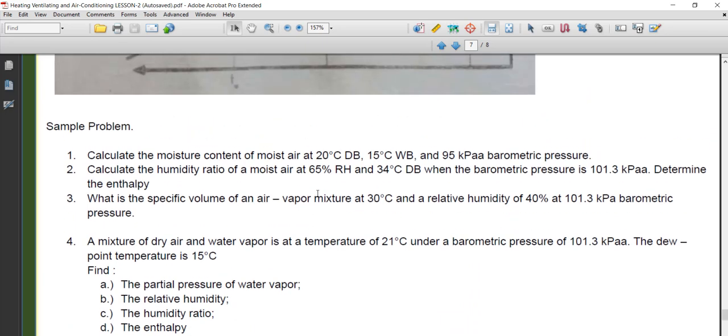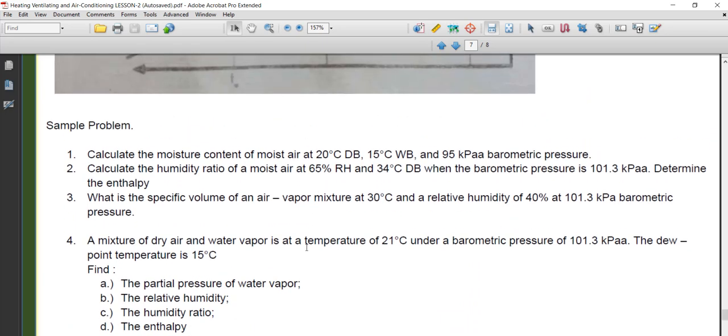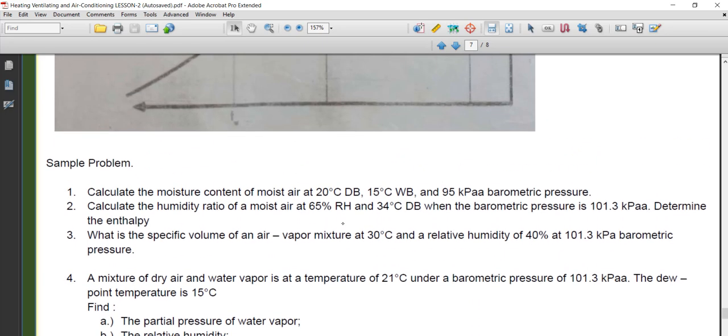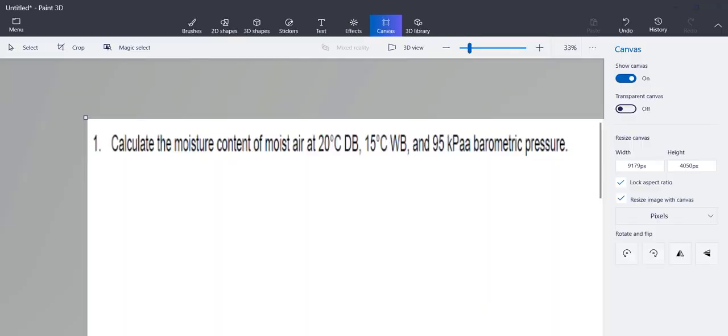So we have here a sample problem. Calculate the moisture content for number 1.